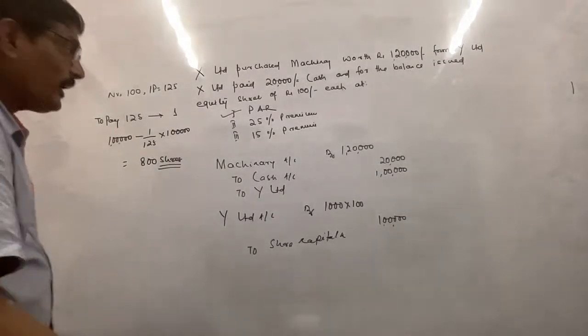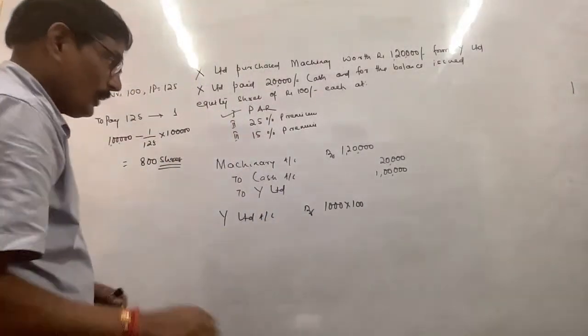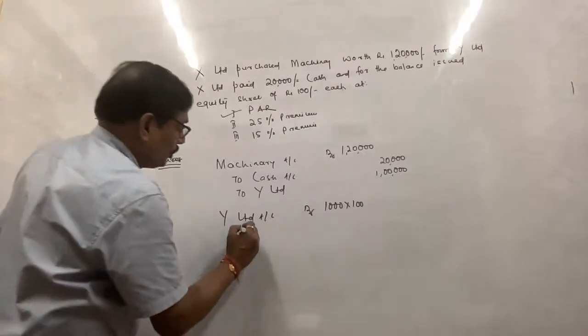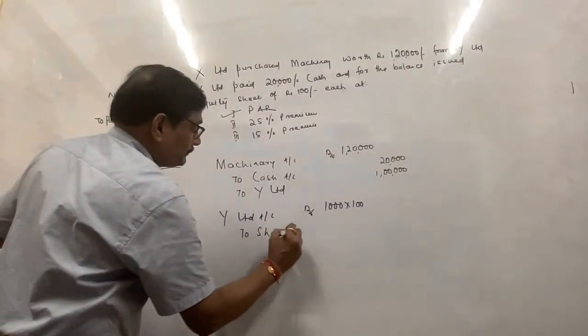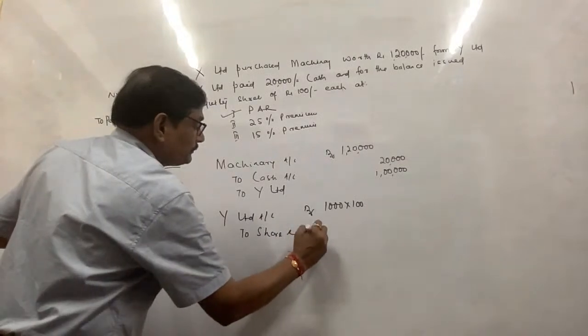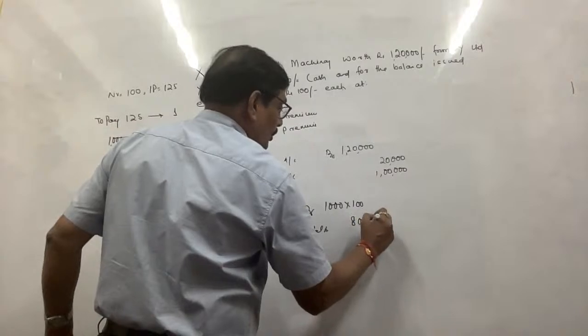So the entry will be Y Limited account debited 1 lakh rupees to share capital account, that is 800 into 100.